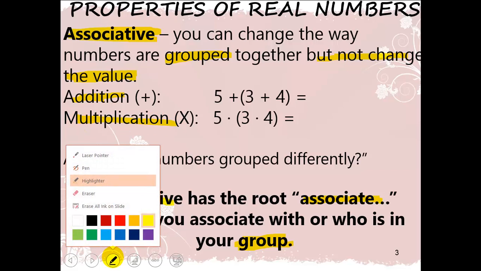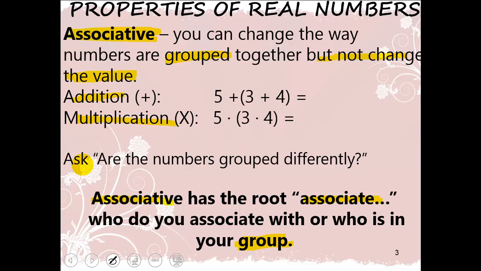For instance, I can take 5 and add it to the quantity of 3 plus 4, or I can add 5 plus 3 and add it to 4. Change the way that the numbers are grouped. Notice that 5 is still first, 3 is still second, and 4 is still third.